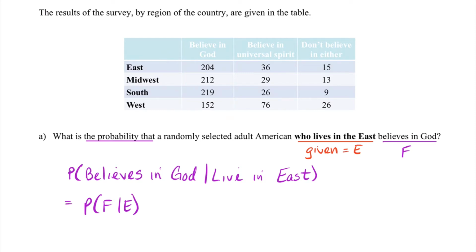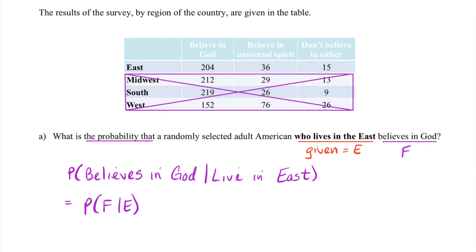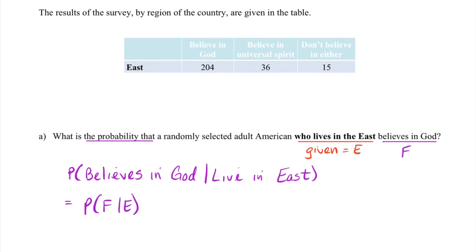However, since it was given that they live in the East, it means that we're basically ignoring everyone who does not live in the East. As we go to answer this question, we are ignoring all the data in the table for those who do not live in the East. Instead, we're only looking at those that live in the East, and thus our sample space has changed.